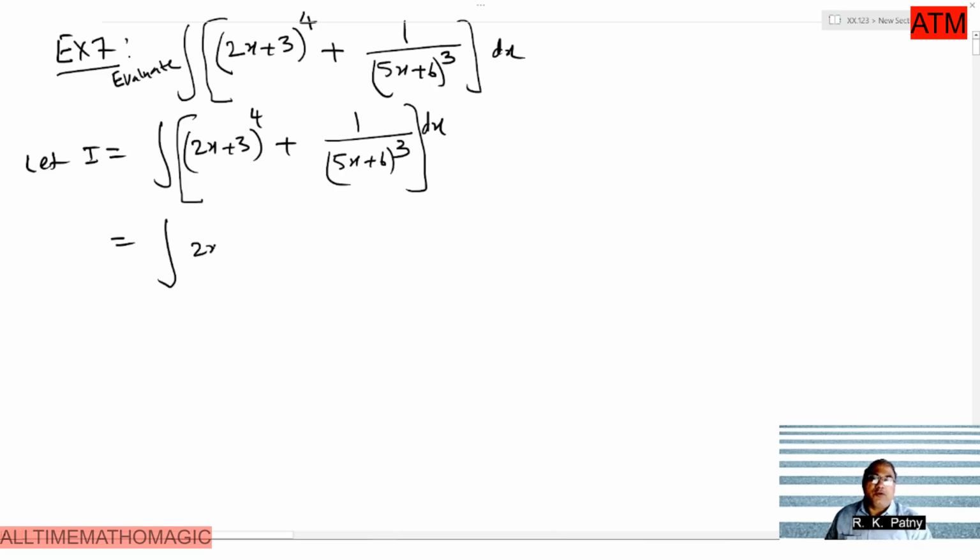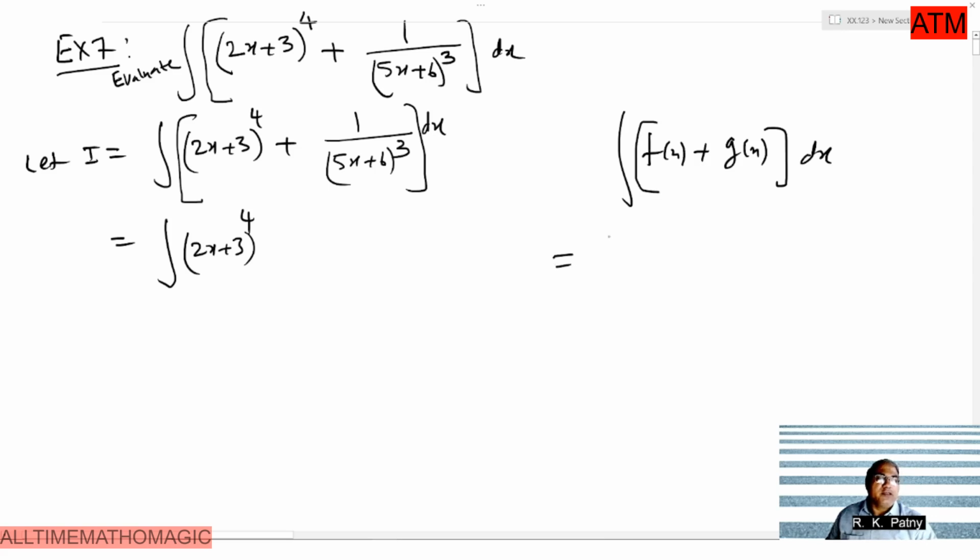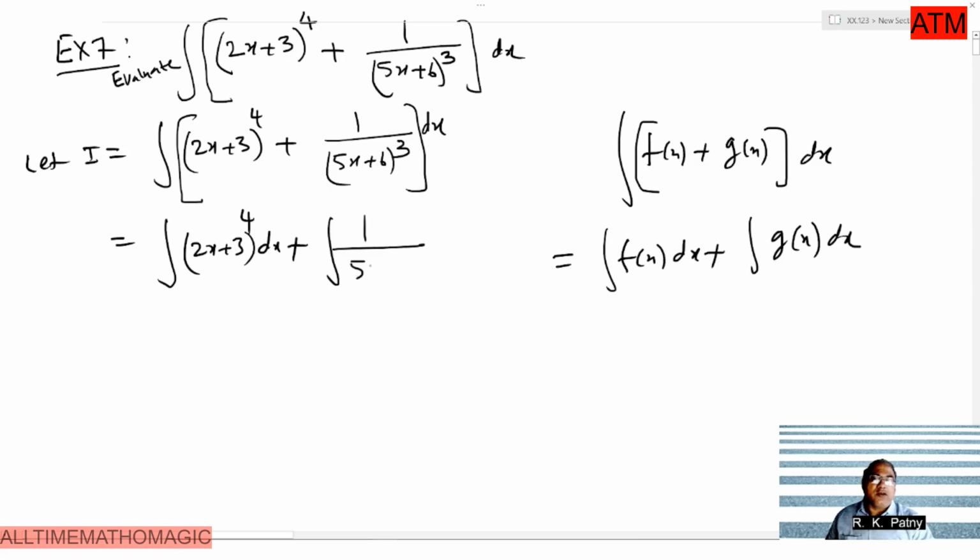Here I would like to tell you the integration of f of x plus g of x with respect to x. Suppose two functions are there, then you can write the integration of f of x with respect to x plus the integration of g of x with respect to x. So here also doing the same thing, integration of (2x plus 3) raised to 4 with respect to x plus integration of 1 upon (5x plus 6) whole raised to 3 with respect to x.